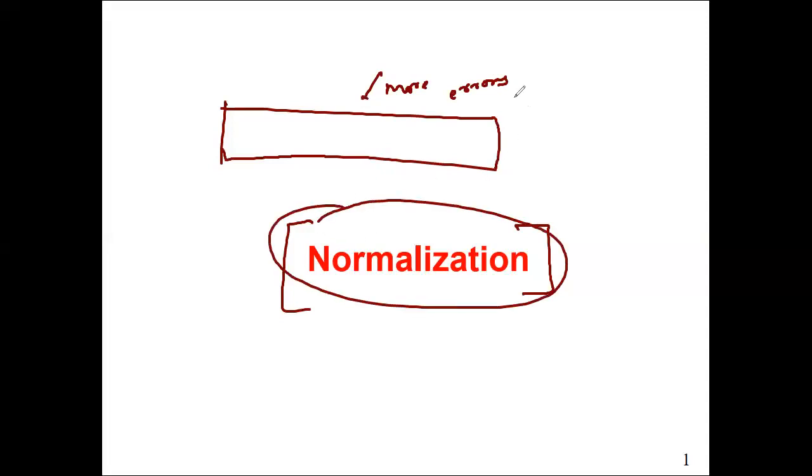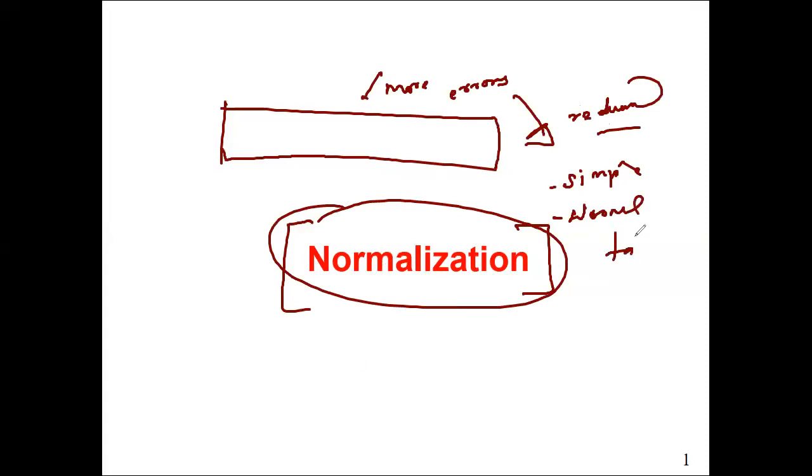Using this normalization, these errors will be reduced, and we will get very simple and normal tables. If you take this table, then the error level would be very low. That is the ultimate goal of normalization.